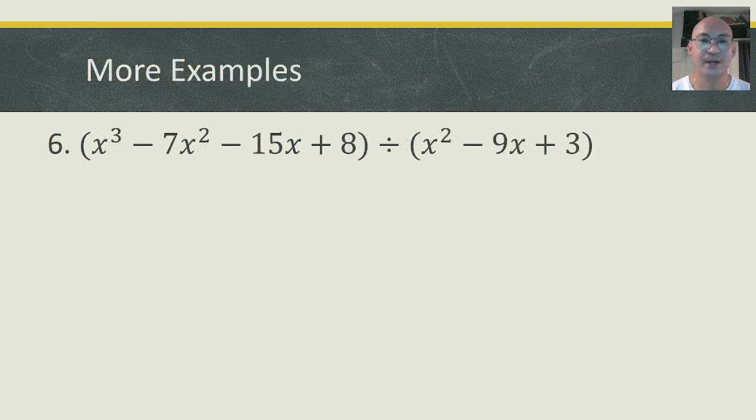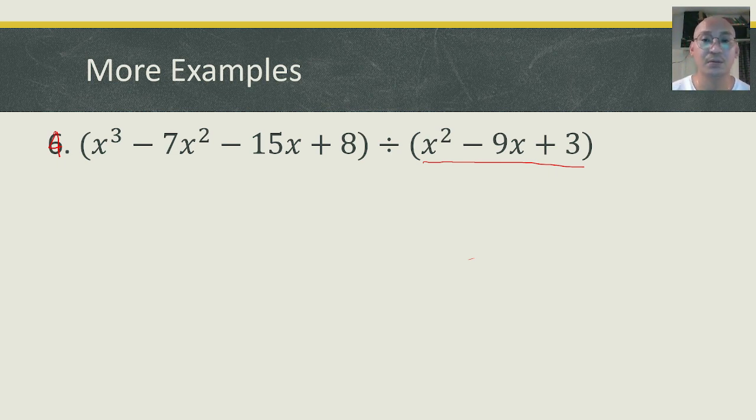Okay? Let's try example 4. X cubed minus 7x squared minus 15x plus 18 divided by x squared minus 9x plus 3. Observe now that the divisor that we have is a trinomial. So there's nothing to worry about if it is a binomial or trinomial or more than 3 terms.